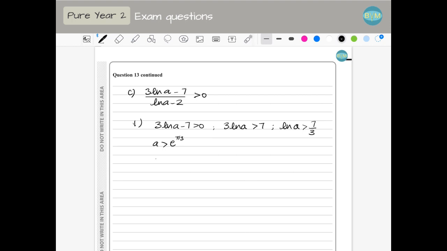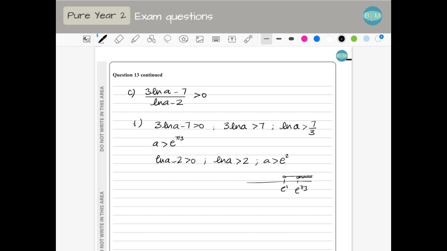And ln a minus 2 positive as well, which would mean ln a greater than 2 and a greater than e squared. So for both of them being positive, a must be greater than this value and this value at the same time. This is slightly larger because 7 divided by 3 is more than 2. If you think of the number line, you have e squared and then e to the power of 7/3, and our number must be greater than both of them, which means this bit here, yeah?